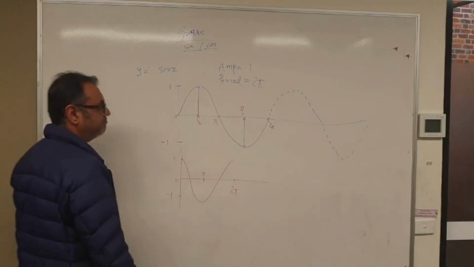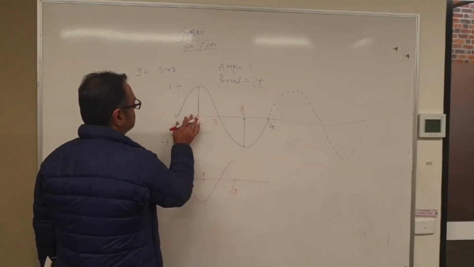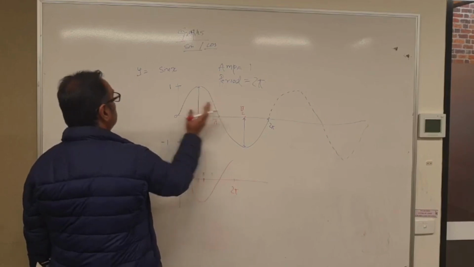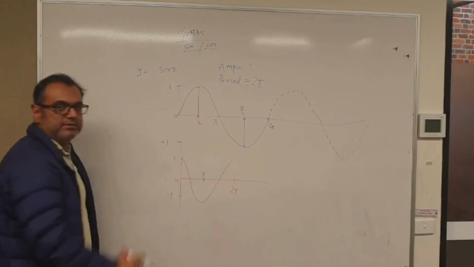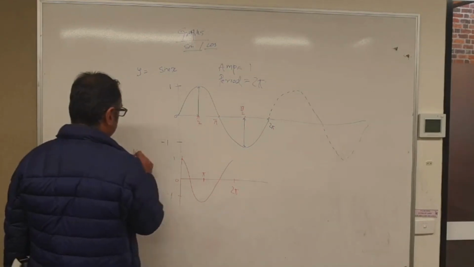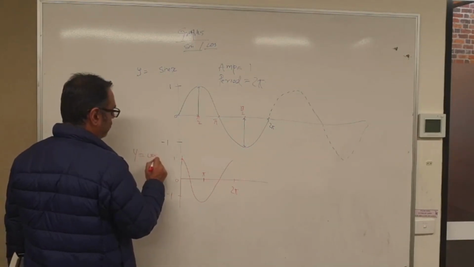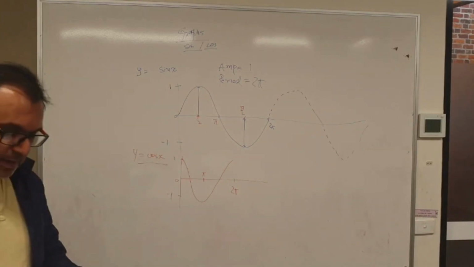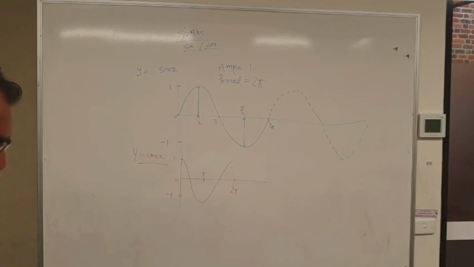Yes. It's horizontally translated, so it's come here. Correct. All right. This is what it is. What else? So that is y equals cos x. Right?